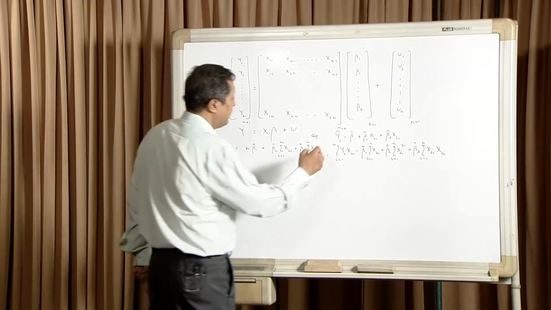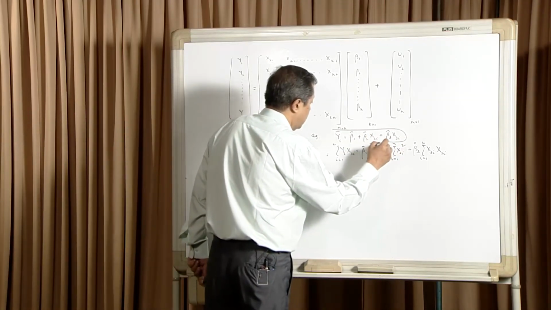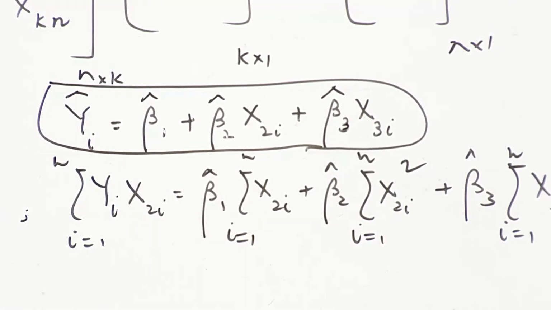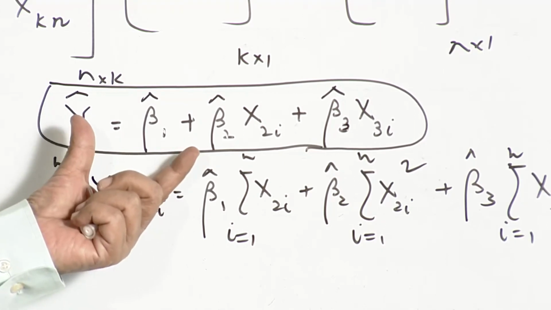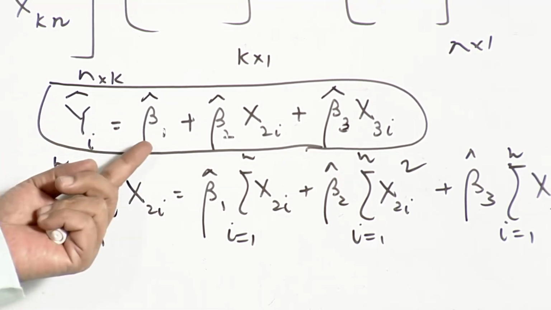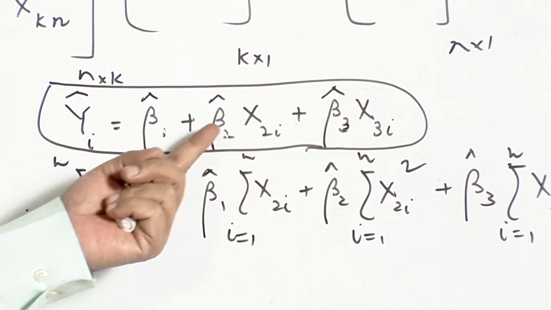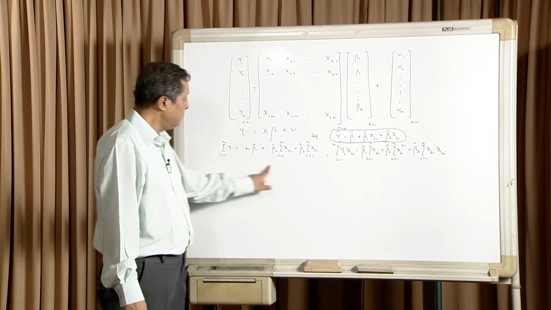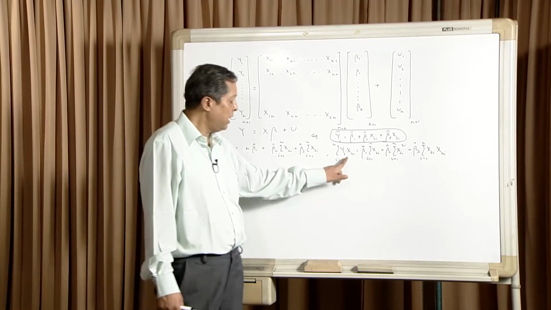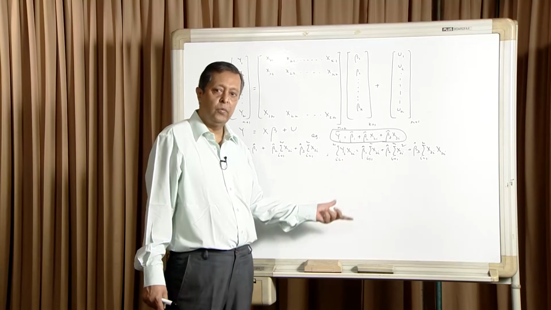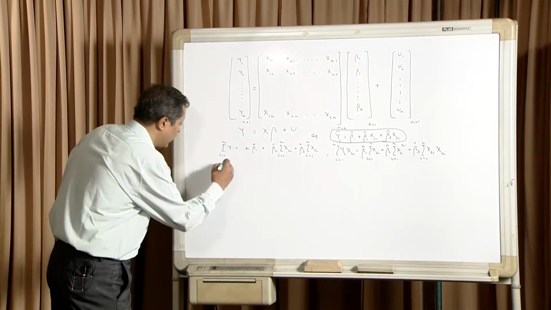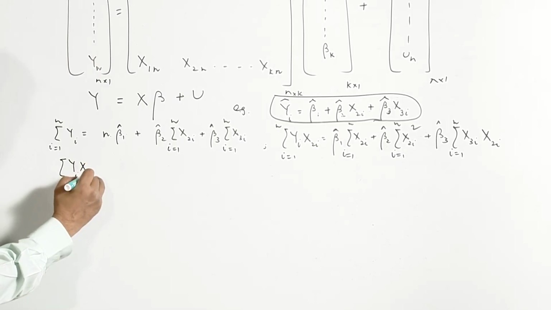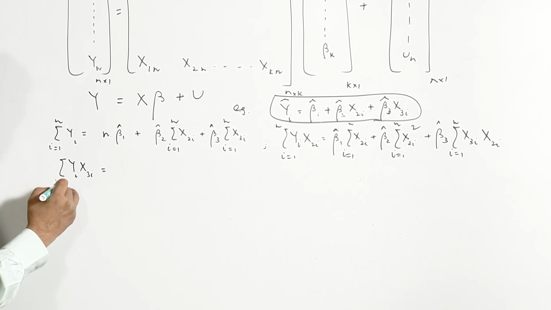Starting from the basic idea of the estimated equation, we have to get 3 conditions in order to get these 3: beta 1 hat, beta 2 hat, beta 3 hat. How do we get these 3? First, sum the equation, second, multiply with x2, and by now viewers have already guessed that the third one will be multiplying yi with x3i, with i going from 1 to n.